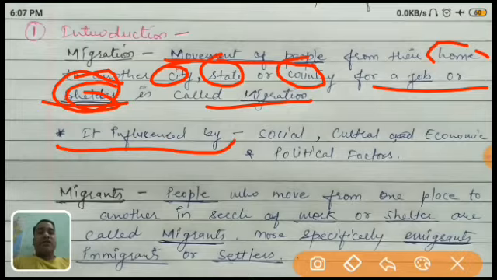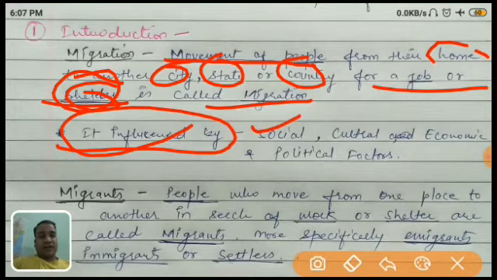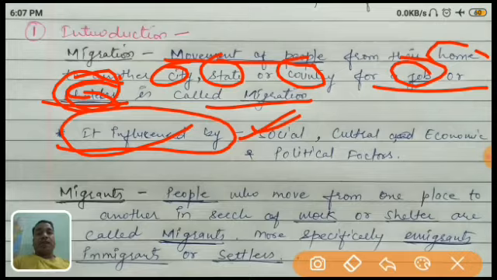It is influenced by what? Basically there are two reasons, jobs and shelter. But also social: maybe one community is larger in another country, so that's why people are moving. Second one is culture. Their culture is different, they cannot mingle, they cannot sustain their life among those people.